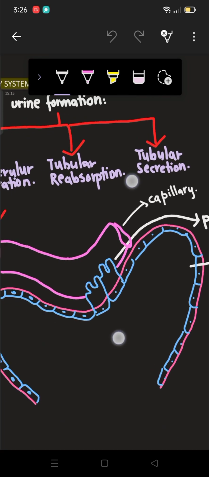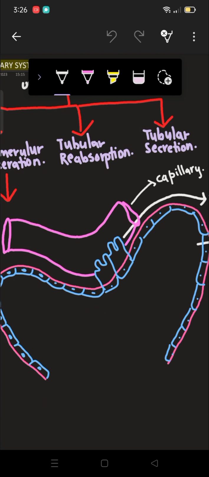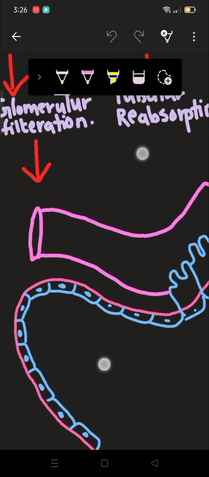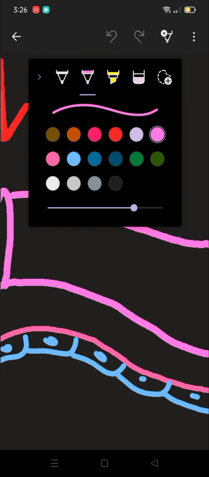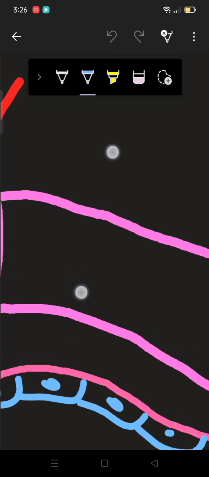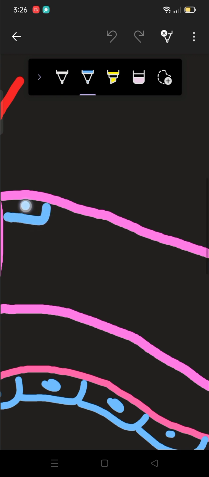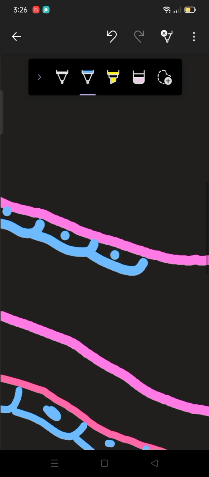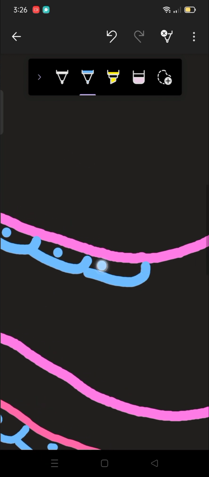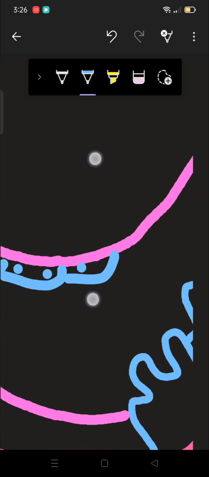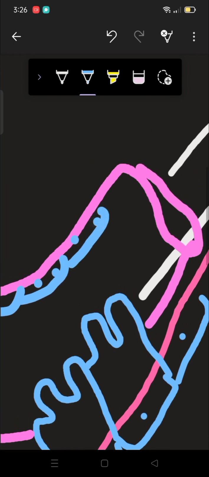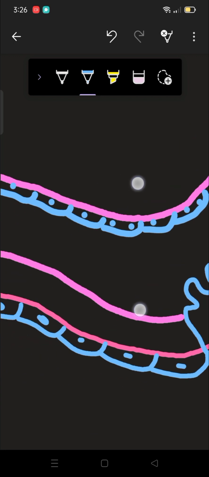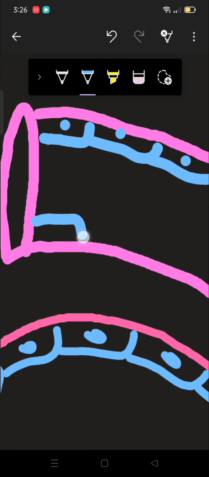Alright, so the cells which are present in the capillary are squamous epithelial cells. Alright, so I should make here squamous epithelial cells. These are what? These are squamous epithelial. Alright. So I should make on the base as well.